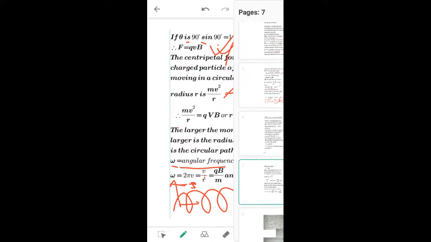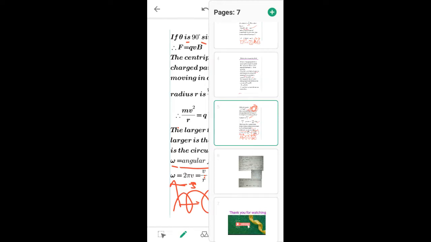We have a diagram here. The velocity vector v has two components, Vp and Vn. Vp is parallel to the field and Vn is perpendicular to the field. Hence we will consider only Vn here.